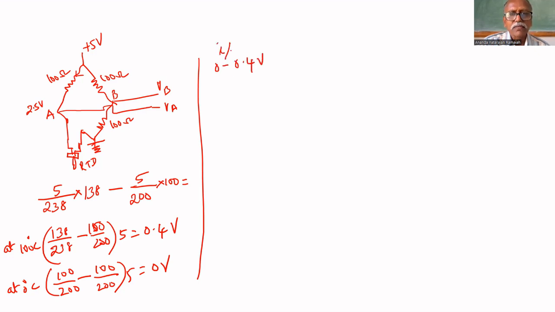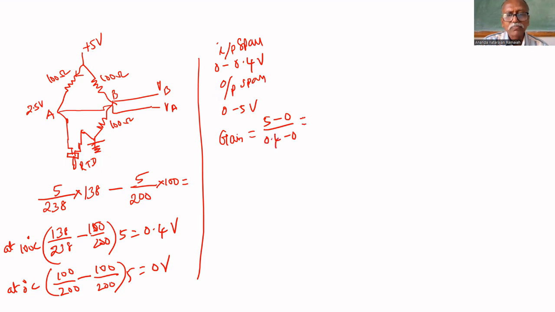The input span of signal conditioning circuit is 0 to 0.4. That has to be amplified so that the output span of the signal conditioning circuit is 0 to 5 volt. Therefore, gain of the amplifier equal to 5 minus 0 divided by 0.4 minus 0, that is 5 by 0.4 equal to 50 by 4, 12.5.